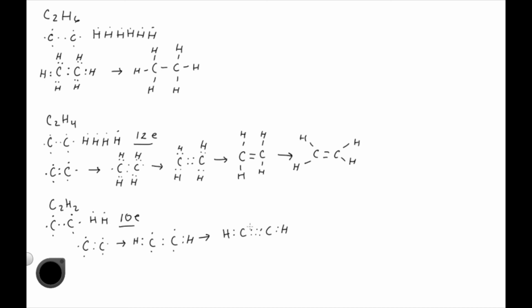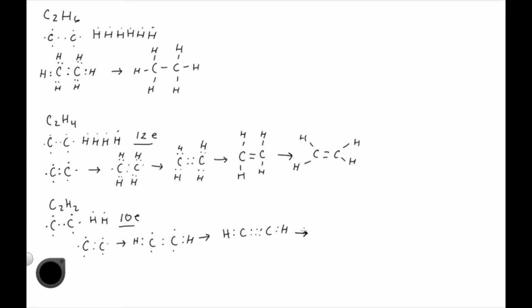So if we count the electrons, we have 10 in total, right? 2, 4, 6, 8, 10. So 10 electrons in total. So all the electrons are accounted for. Now we just replace our triple bonds and single bonds with triple and single lines for convenience's sake.